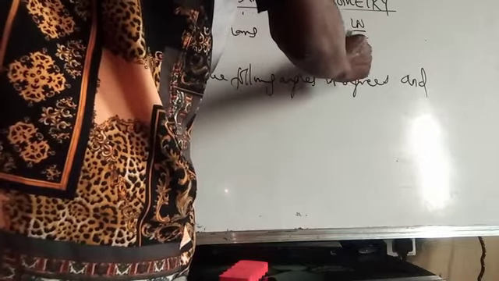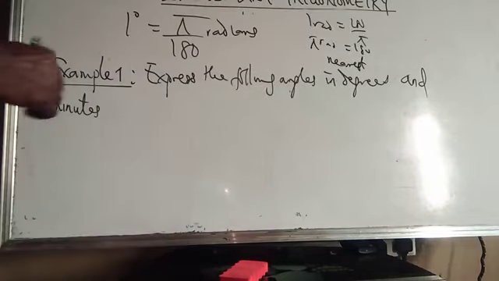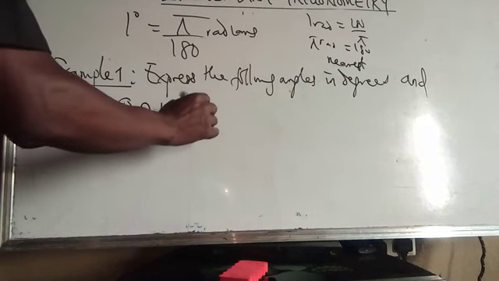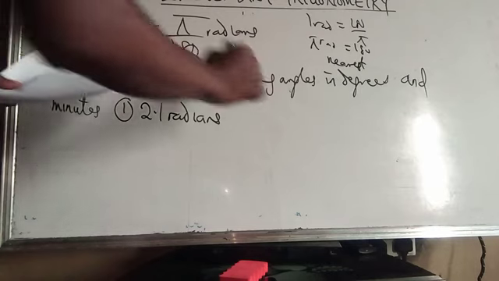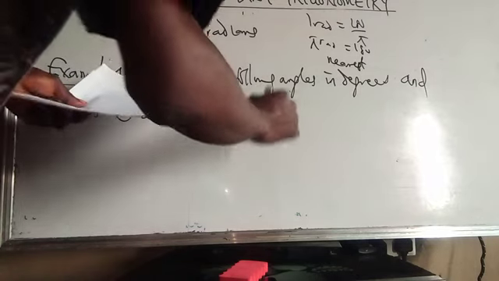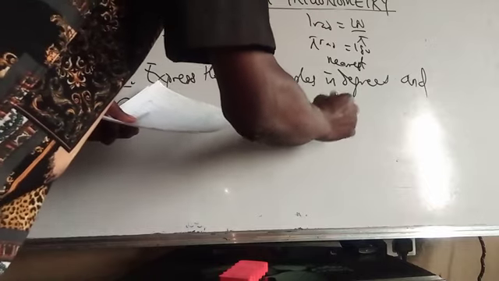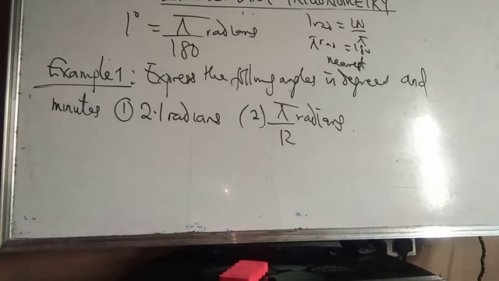Express the following angles in, let's say, nearest degrees and minutes. The first one is 2.1 radians. The second one is pi all over 12 radians. Okay, now this is straightforward.